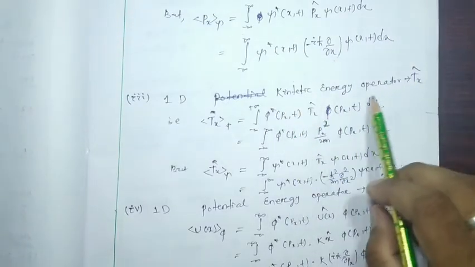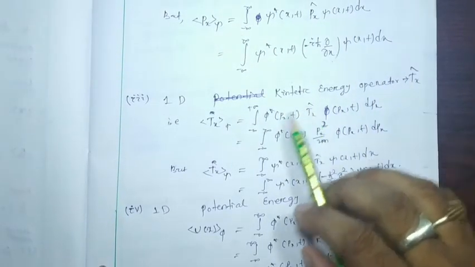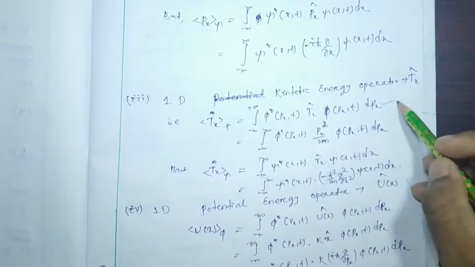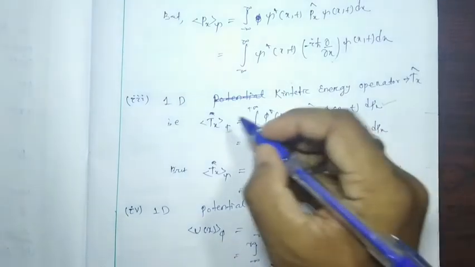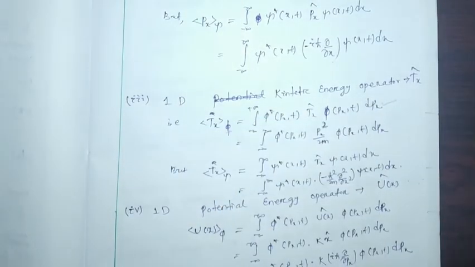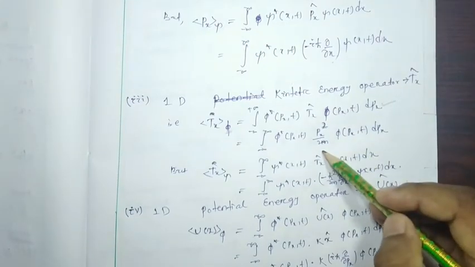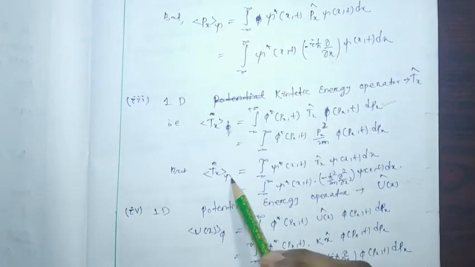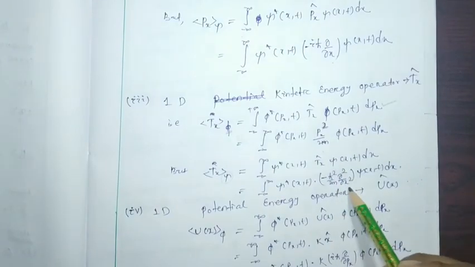Similarly, the kinetic energy operator is Tx cap. In general it is written as this one, but in momentum space it will be px square by 2m, and if it is coordinate space, then it will be minus h cross square by 2m del square by del x square, right.